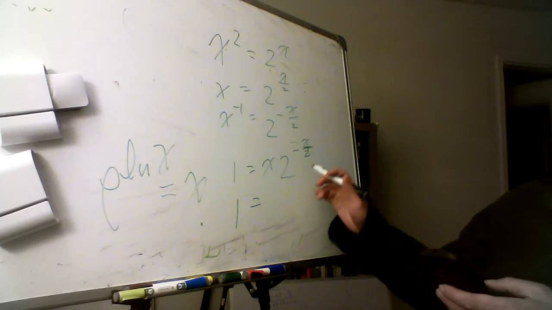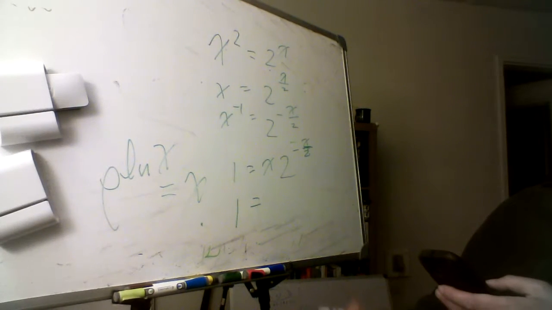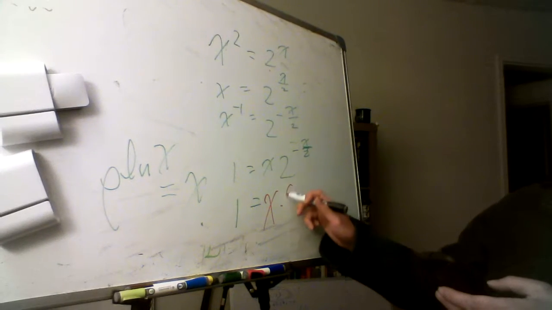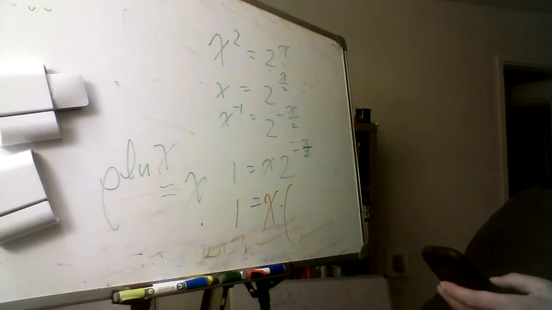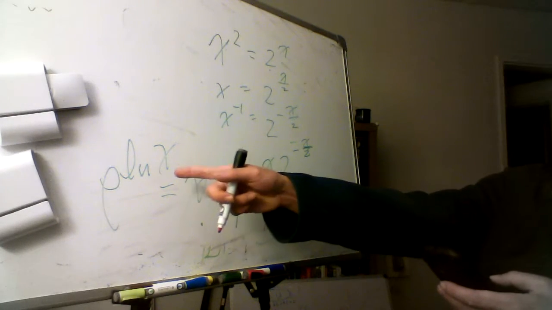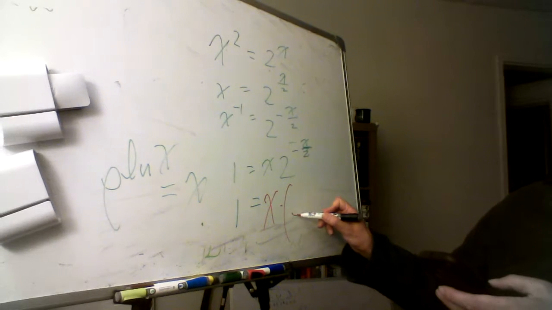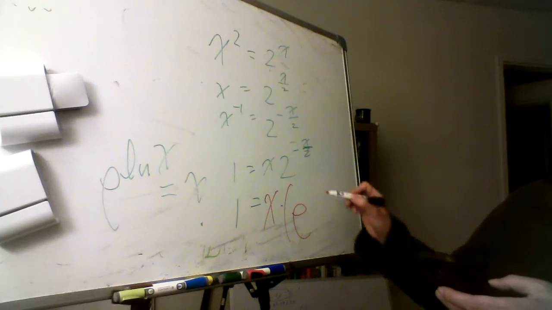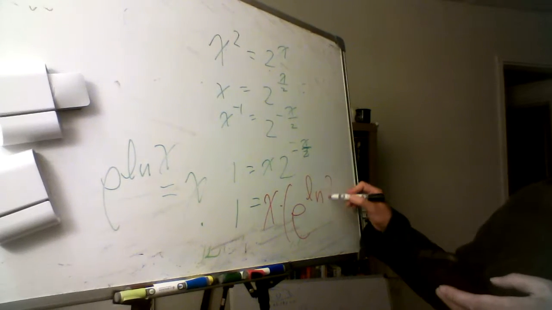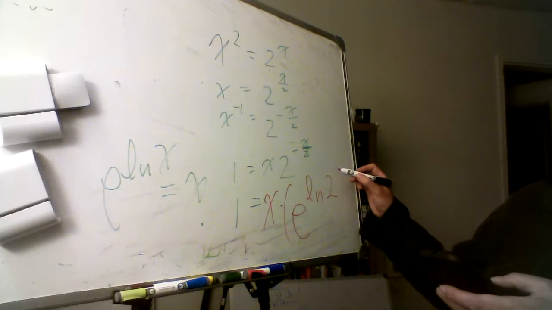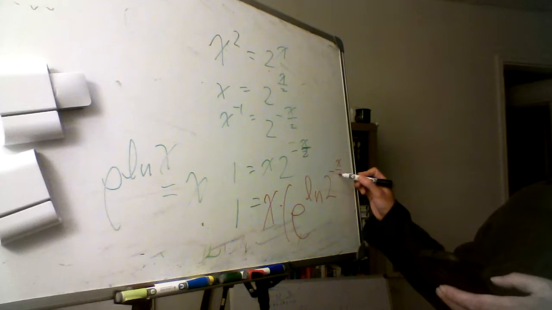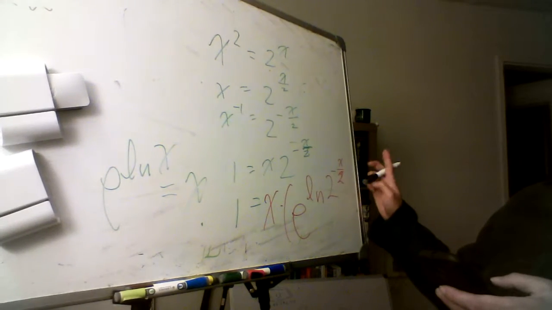So my goodness, what he did is this x times, so x is e to the ln x, okay, so e to the ln 2 times x over 2, that's what it is, okay.